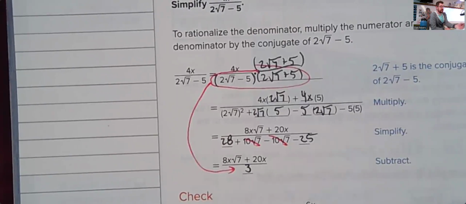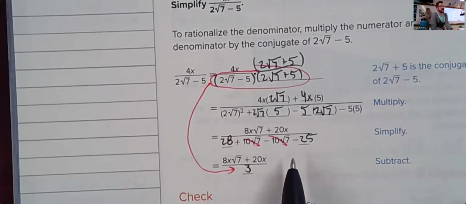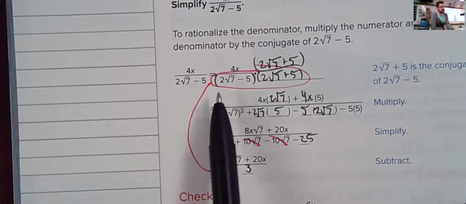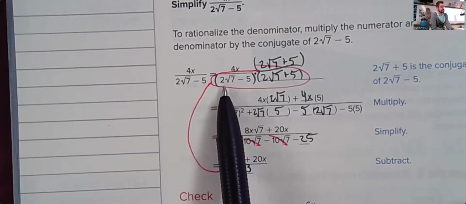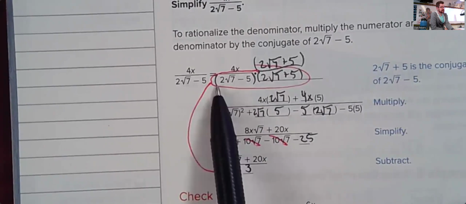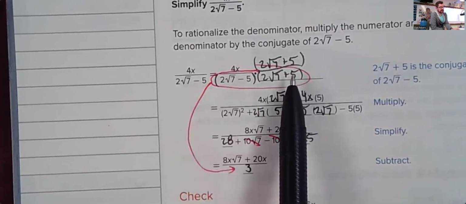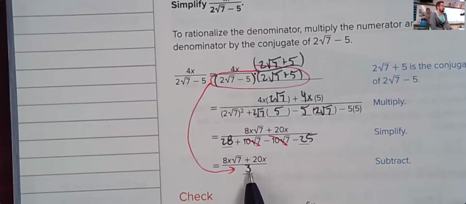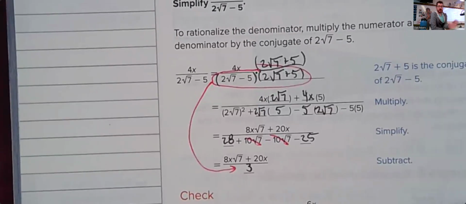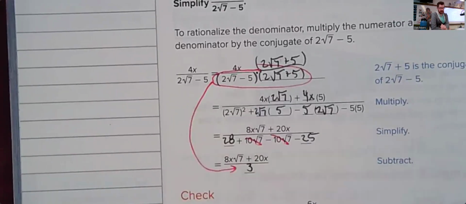If you don't, just use FOIL and go through this process. That's totally fine, but there is a quick way to do it. If you square that term, 2 squared is 4, square root of 7 squared is 7, 7 times 4 is 28. Negative 5 times 5 is negative 25, 28 minus 25 is 3. Because the middle terms will cancel each other out. The O and the I in FOIL, when it's written like this, will always cancel out.